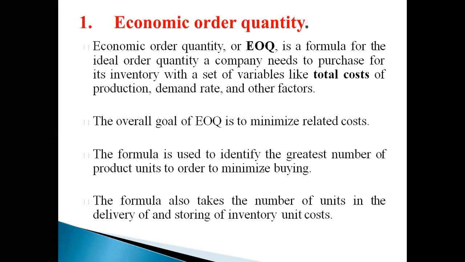There is some formula for the ideal order quantity a company needs to purchase for its inventory with a set of desirable variables, like total cost of productions, demand rate in the markets, and some other factors we have to consider for the inventory management. The overall goal of EOQ, that is economic order quantity, is to minimize the cost related matters.